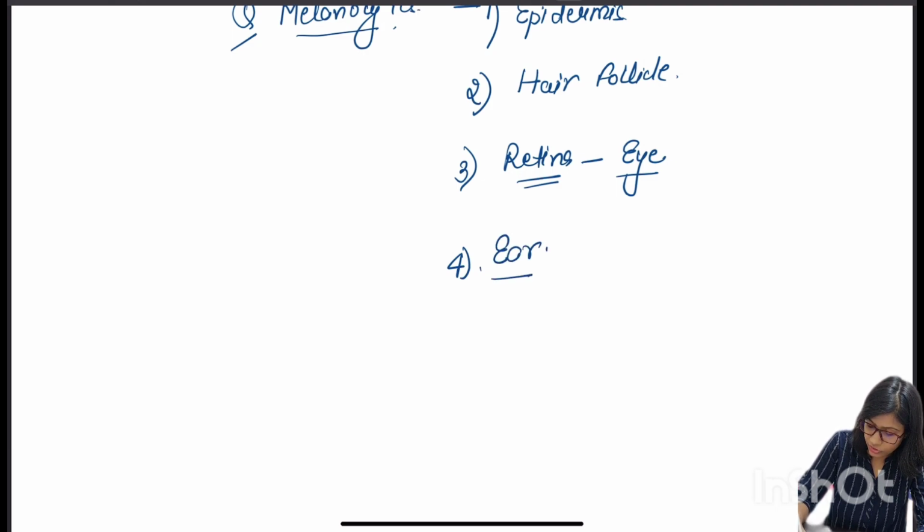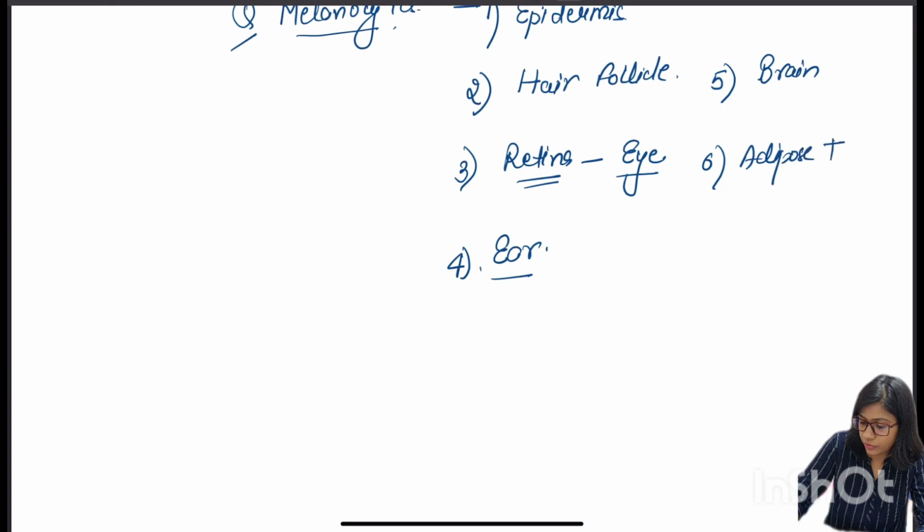It is present in ear, brain, and adipose tissues. So melanocytes are not just restricted to epidermis. It is present in many other body organs as well.